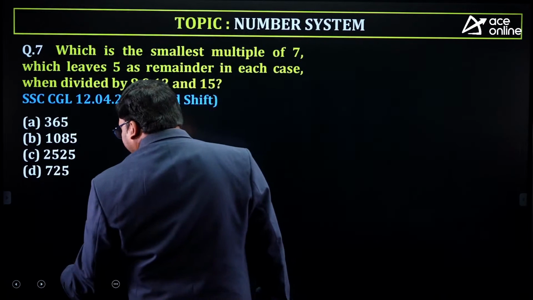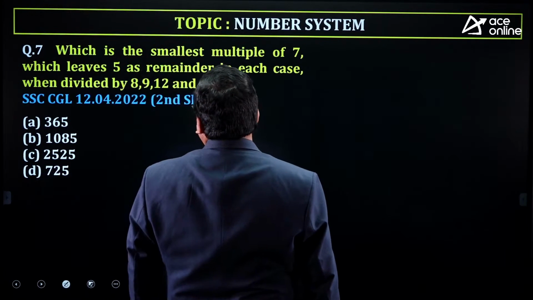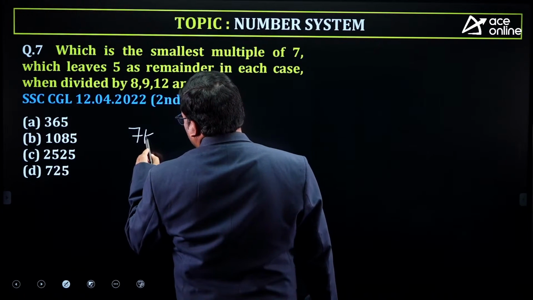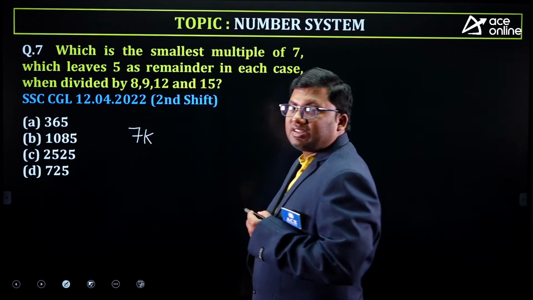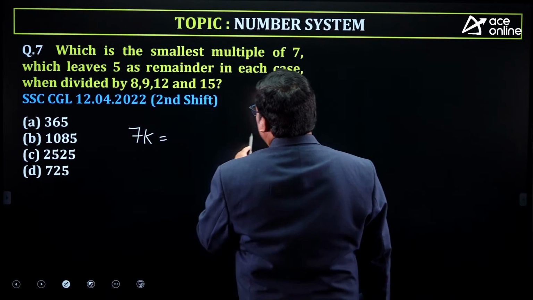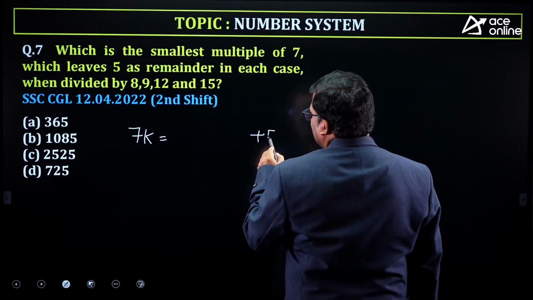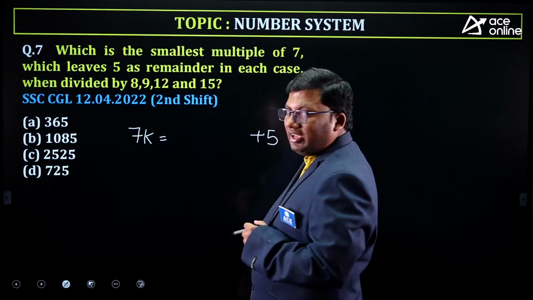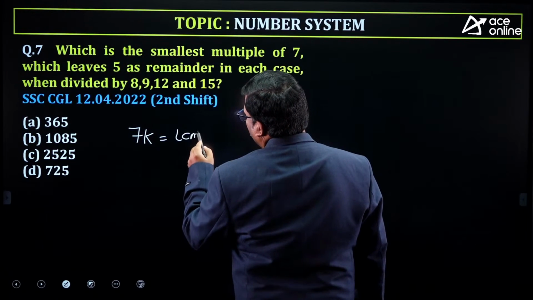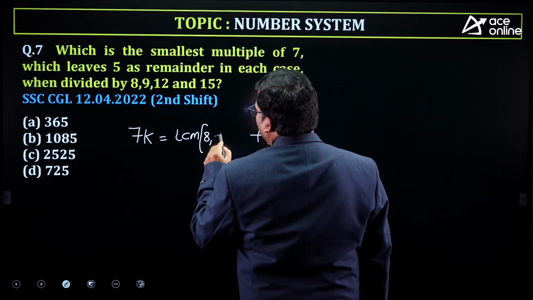Question 7. What is the smallest multiple of 7? The answer should be a multiple of 7. Any multiple of 7 is of the form 7k, and the same number leaves a remainder of plus 5 when it is divided by 8, 9, 12, 15.